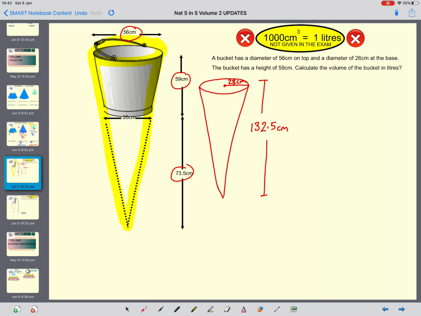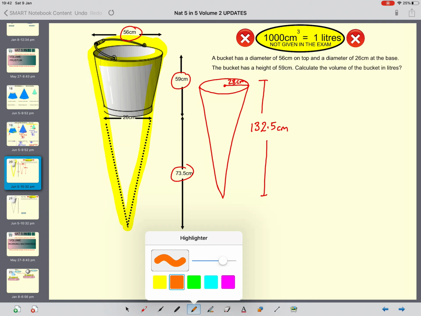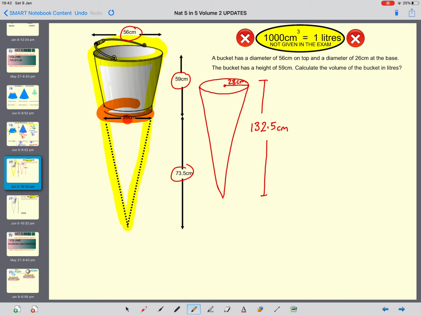Okay, if I change my highlighter pen to orange now, and I look at the smaller cone, which is here, imagine this cone at the bottom here.